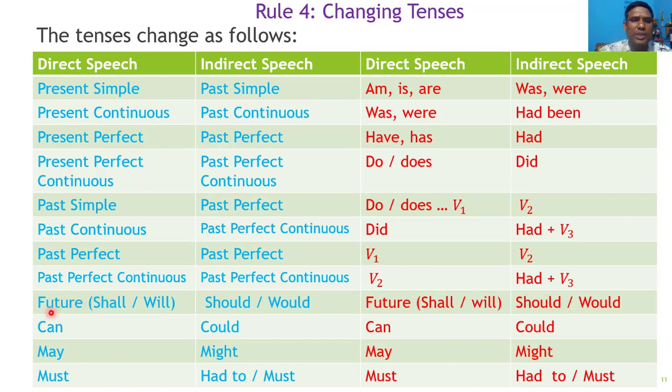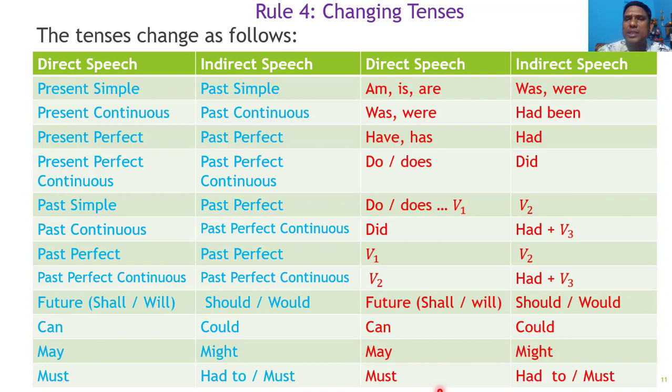In case of future tense, shall becomes should, will becomes would, but it is better to write would in place of shall or will. Can becomes could, may becomes might, must becomes had to, sometimes must becomes must.